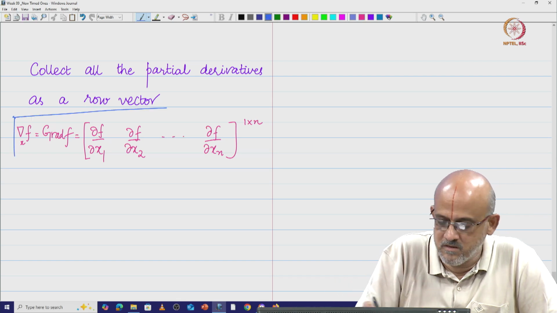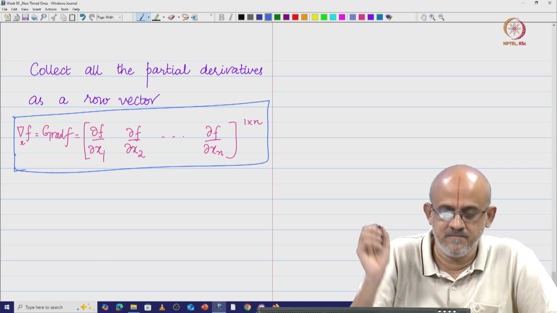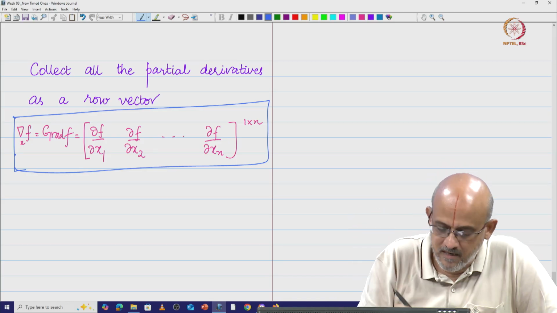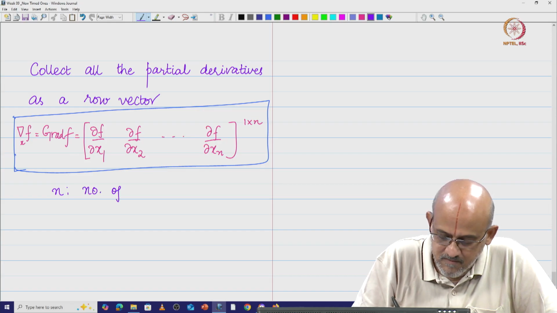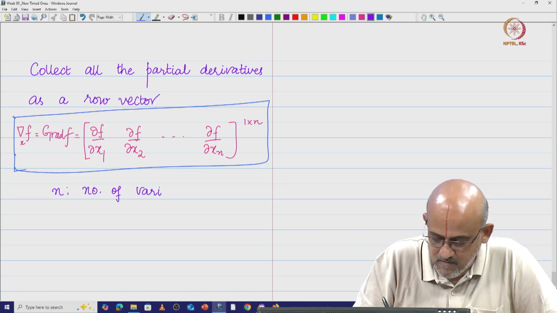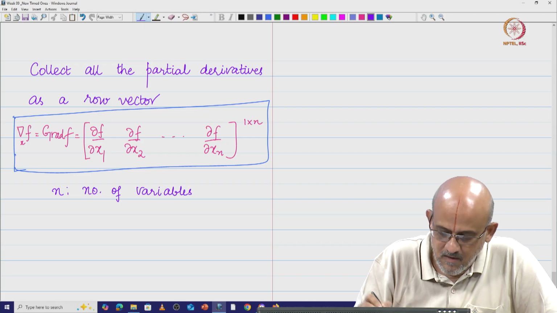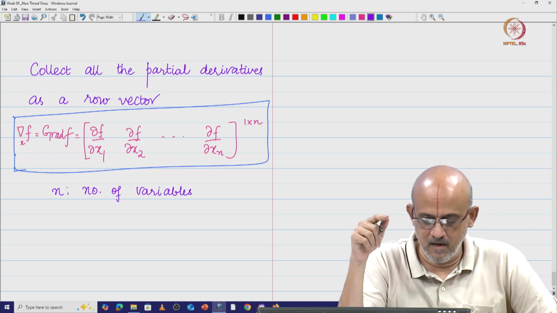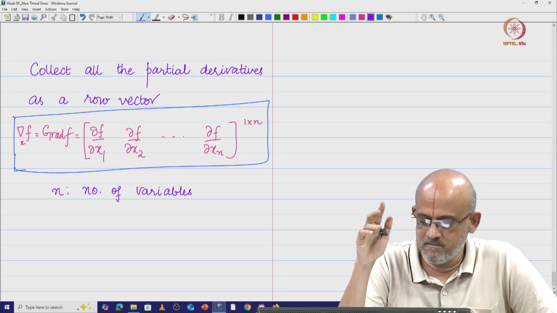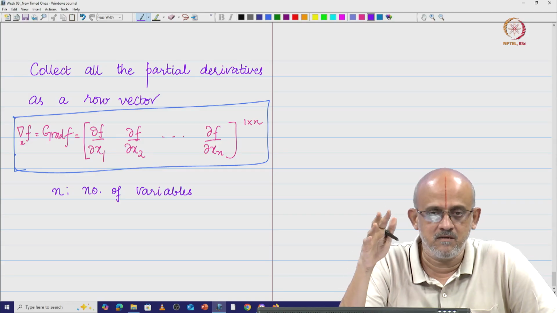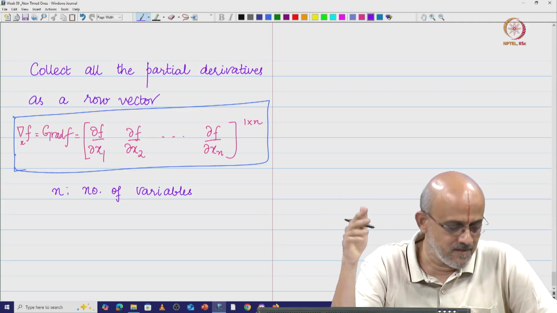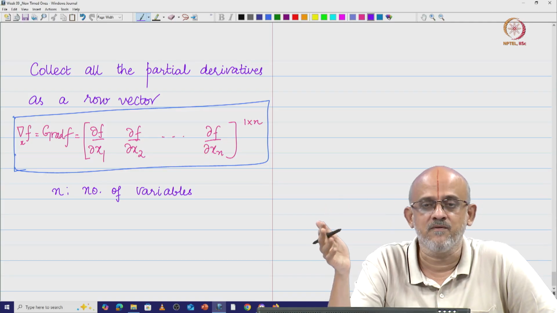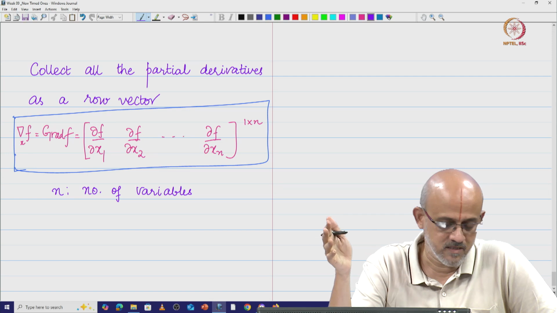We are going to say that n is the number of variables, and the one denotes the dimension of the image. If you remember what an image is, you have a function, you have the image of the function, the range of the function, the codomain of the function, whatever that is.